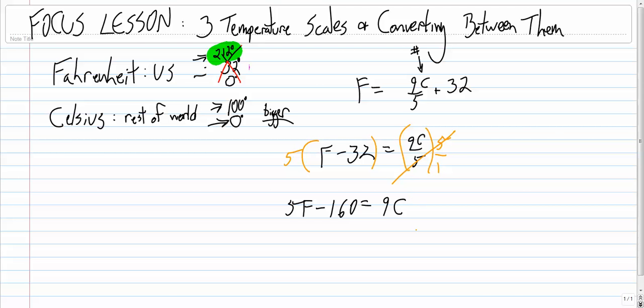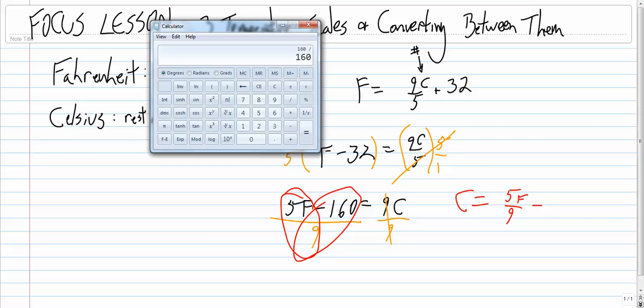So now we want to get rid of this multiplied 9, so we'll divide both sides by 9. And what do we wind up with? We wind up with this. C equals 5/9 F minus, and then 160 over 9 is, I think, 17.7 repeating.